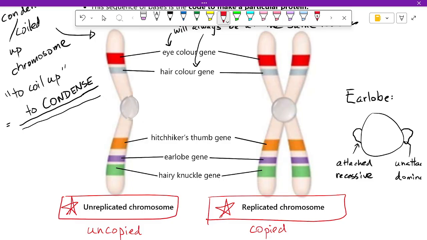Okay. The reason that we make a copy, and it is an identical copy, okay, these are identical copies. The cell makes those identical copies before it splits into two new cells.